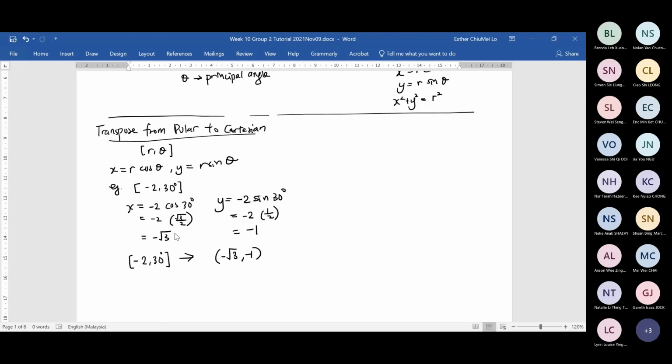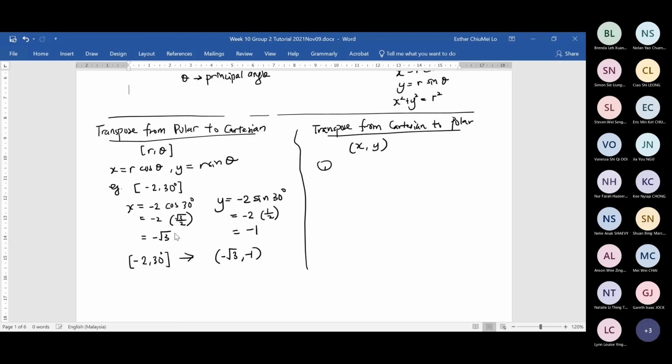Now we can also transform from Cartesian to polar. Let's say it is given by x and y here.